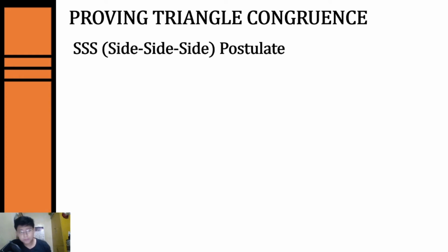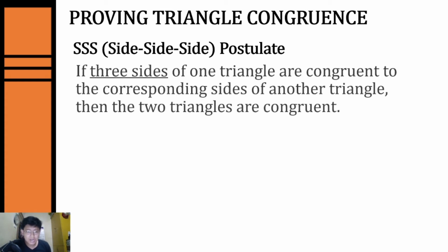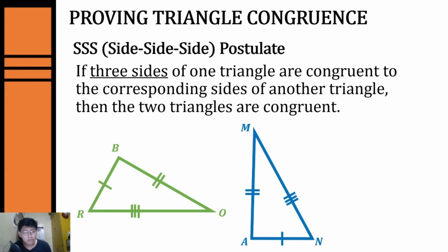Our first postulate is the side-side-side postulate, wherein if three sides of one triangle are congruent to the corresponding sides of another triangle, then the two triangles are congruent. Here are examples of triangles having the same corresponding sides.